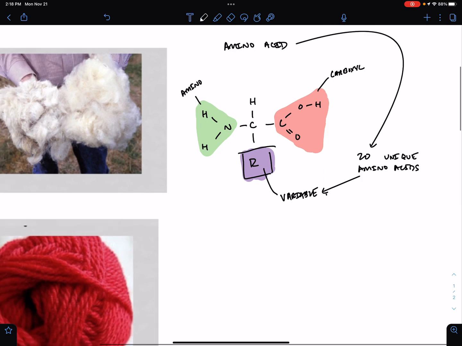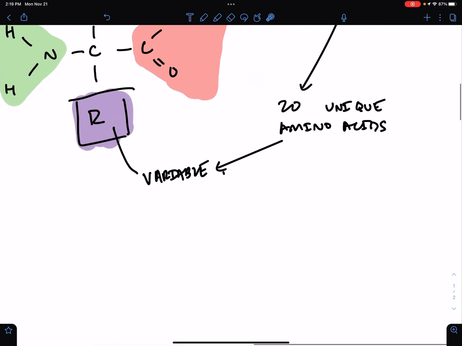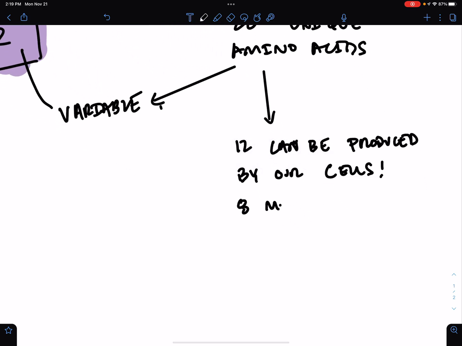Okay, in some different types of bacteria, there are actually 22, but in animals and plants and fungi, there are 20 different amino acids. In people, 12 of these different types of amino acids can be produced in our bodies. But 8 of them must be consumed.